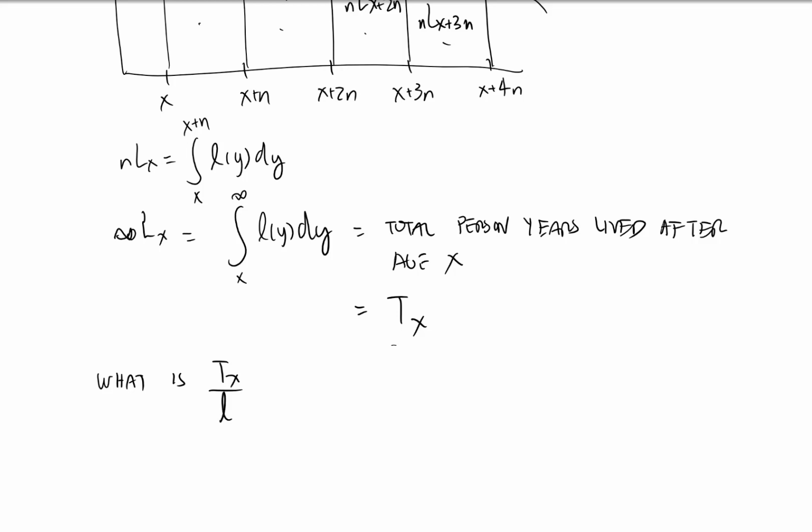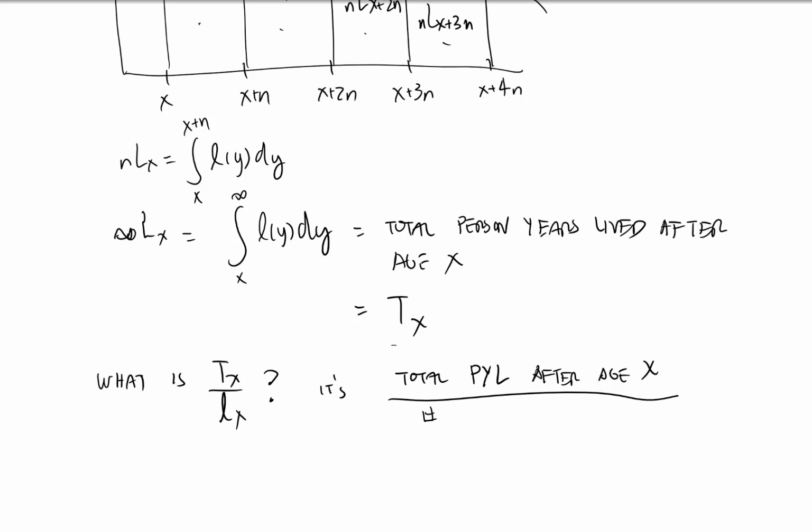And now my question is, what is T of x divided by l of x? That's the total number of person years lived by the cohort after age x, and l of x is the number of survivors from our initial cohort of our radix.